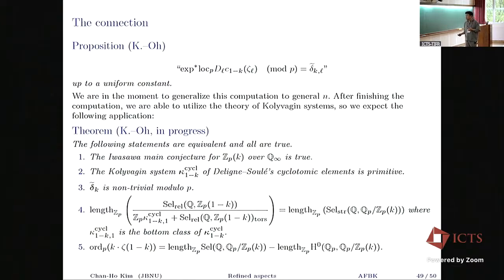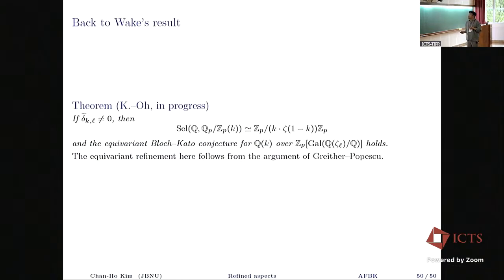And we also have the Bloch-Kato conjecture with the L function. The Bloch-Kato Selmer group of the discrete Galois module twisted by K, this one can be ignored, I guess, so it's the same as the P valuation of K times zeta 1 minus K. So this is the progress.